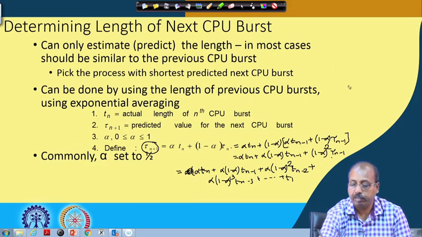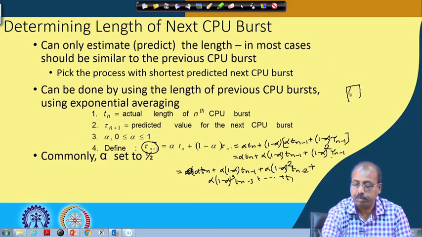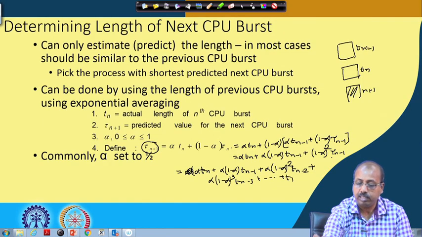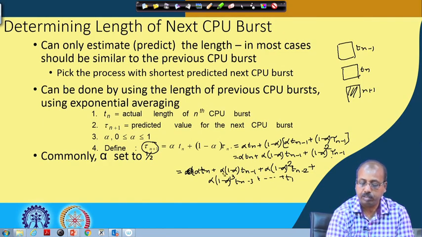Whenever you are trying to predict the size of the n plus 1th CPU burst, we give T n the maximum weightage, that is alpha times T n, but the previous one, T n minus 1, is given less weightage than T n, because it is alpha into 1 minus alpha into T n minus 1.